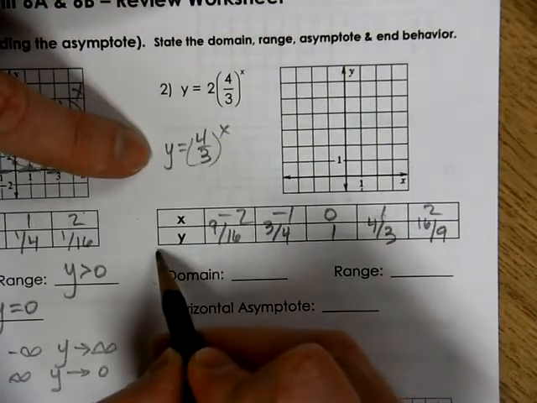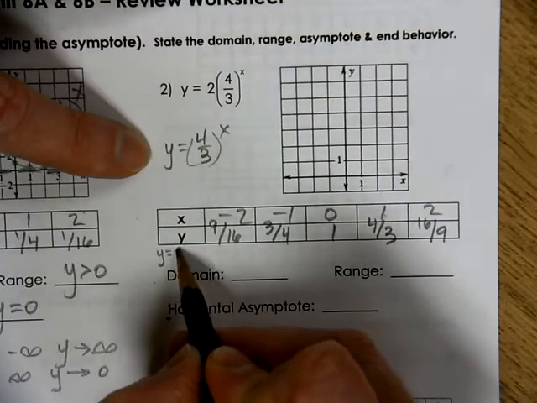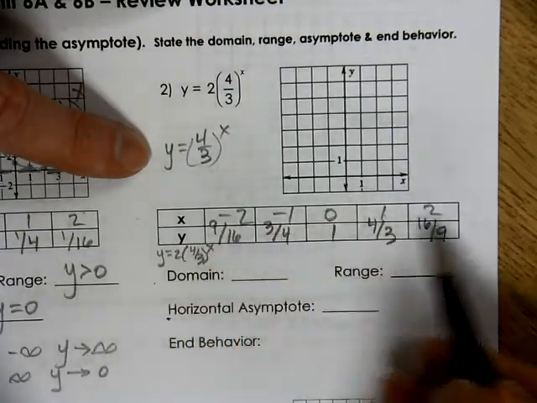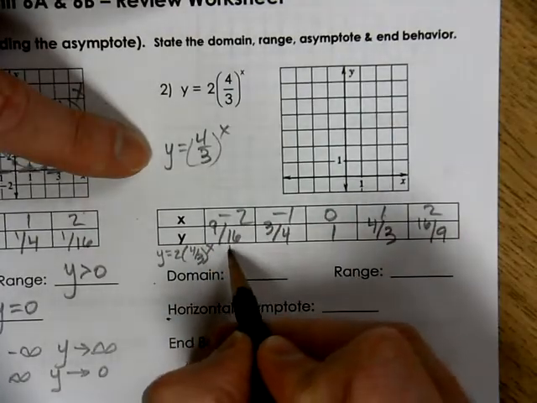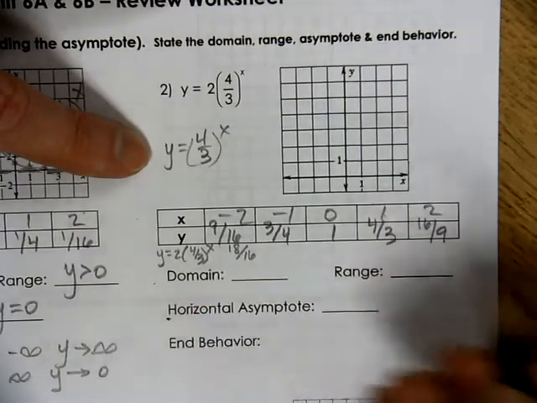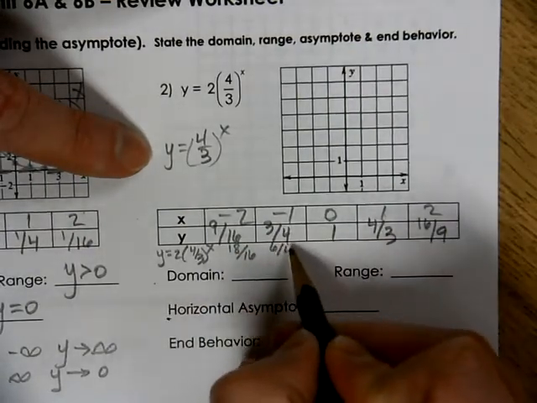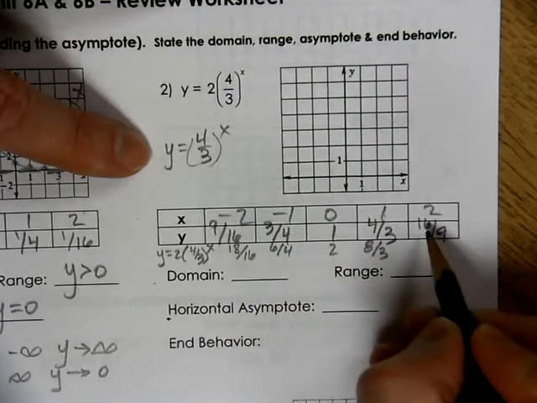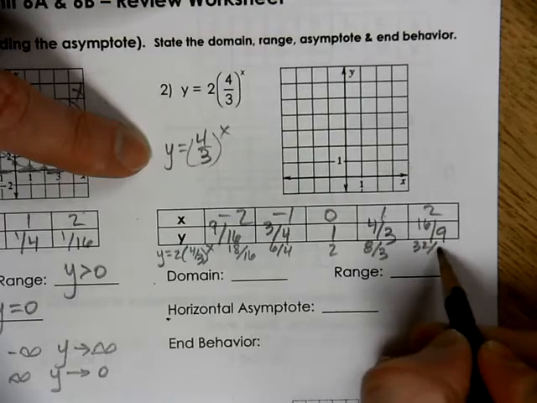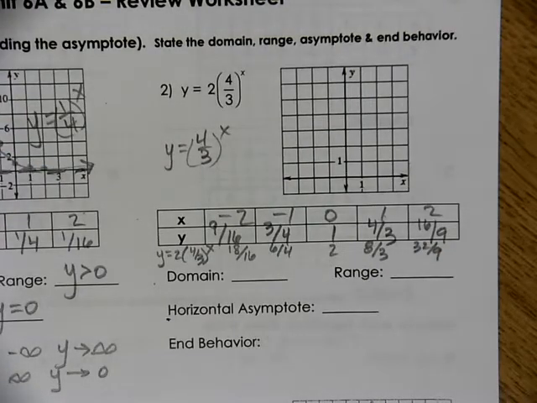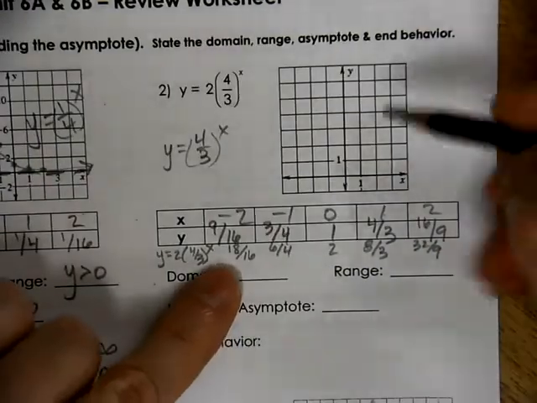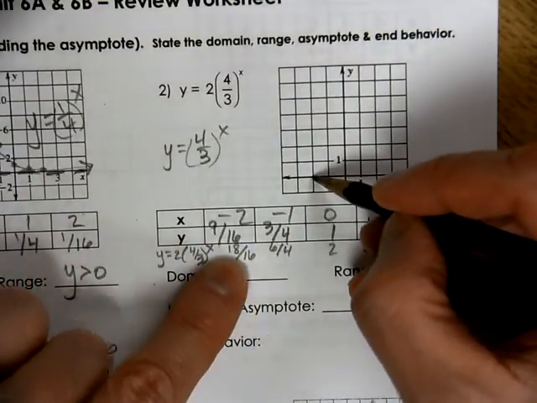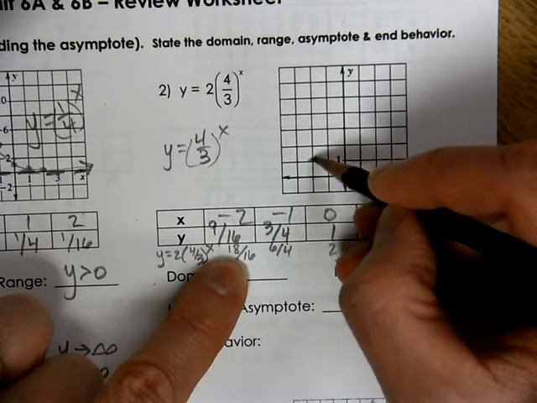Now when we do 2 times that amount, 2 times 4/3 to the x, we're going to multiply all of those by 2. So this is going to be 18/16. This is going to be 6/4. This will be 2. This would be 8/3. And 32/9. So if we were to plot those out, at -2, we're going to be up just over 1.